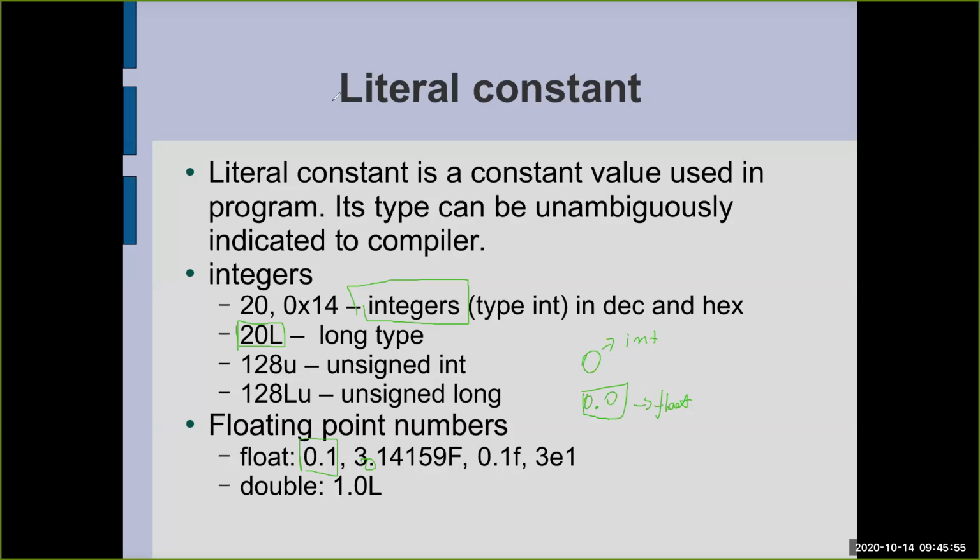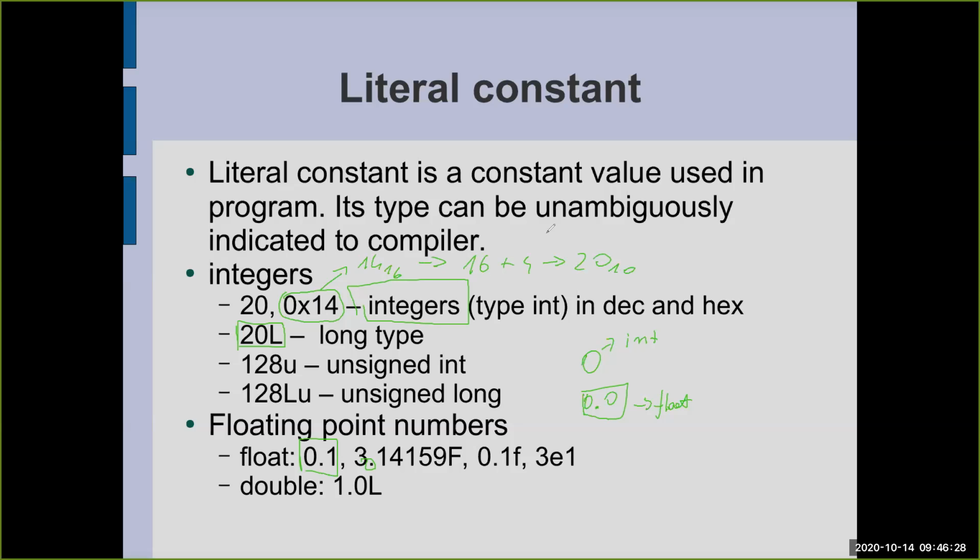Now, I'd like you to recognize literals. Sometimes you can find literals which look like this, 0x14. It means that it is 14 in the hexadecimal system. So it corresponds to 16 plus 4, which is 20 in the decimal system.